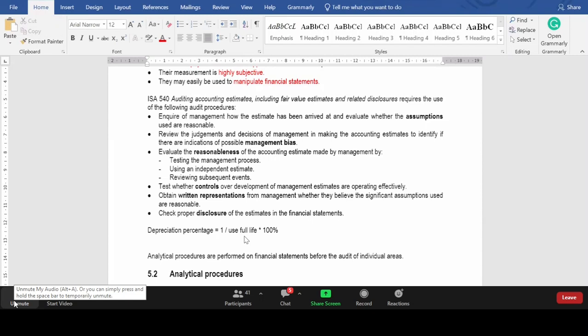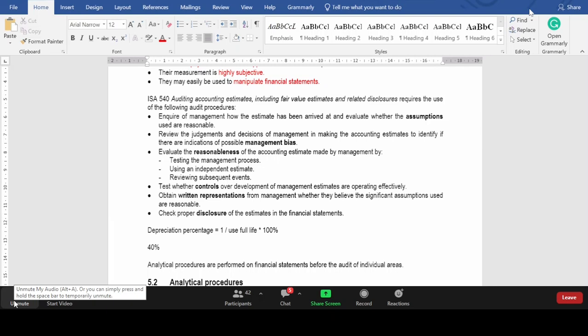Anybody else getting 2.5 years? You have 40% here, equaling 1 over useful life times 100. So you work out the math. So 40% is the same as 2.5 years. So URA expects you to use the computer for only 2.5 years.